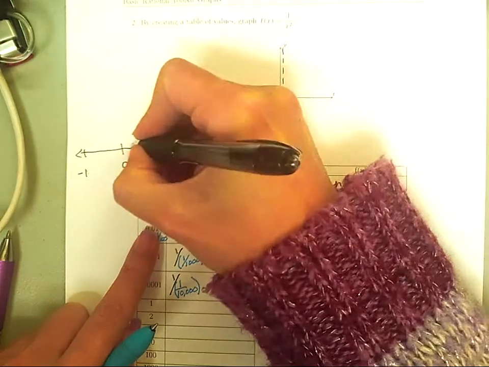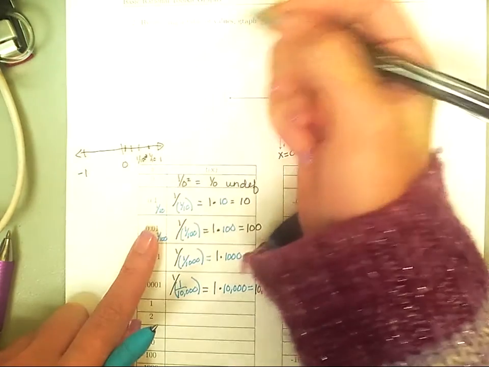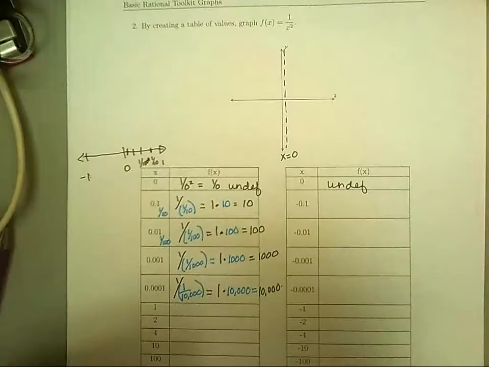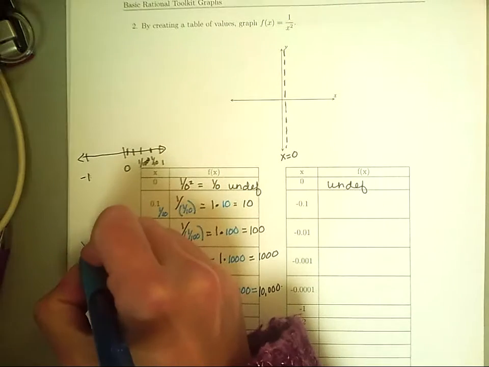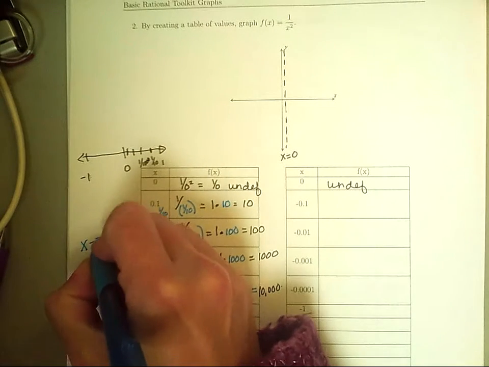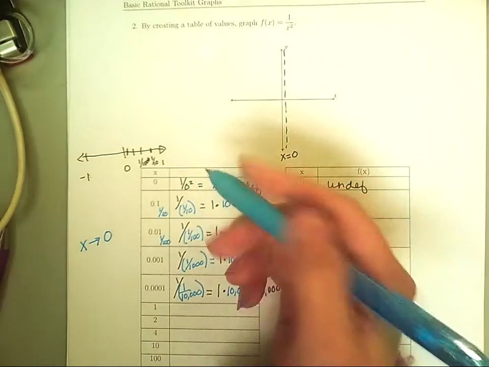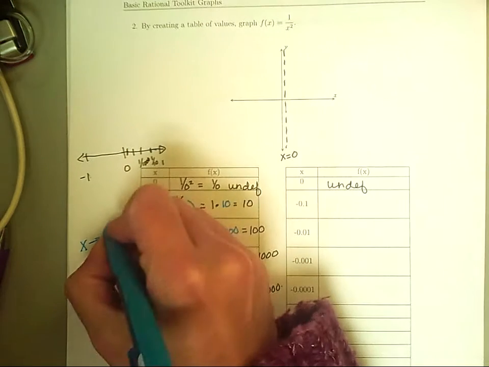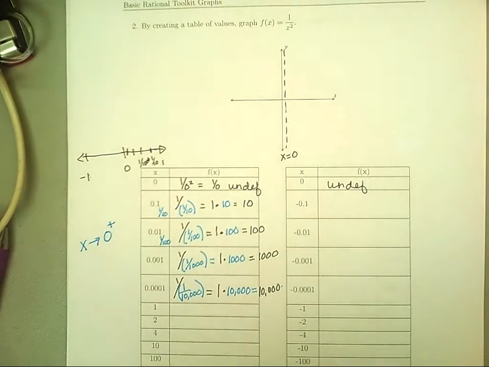Then here would be 1 over 1,000, and very, very close to it would be 1 over 10,000. It's very small. So what's happening here is that the x values are going to 0 from the right-hand side of 0. And that's what we notate as this.